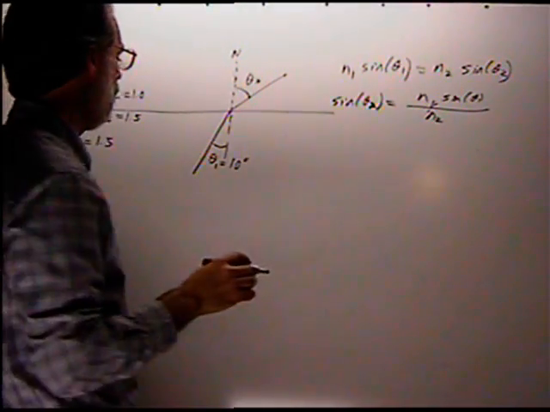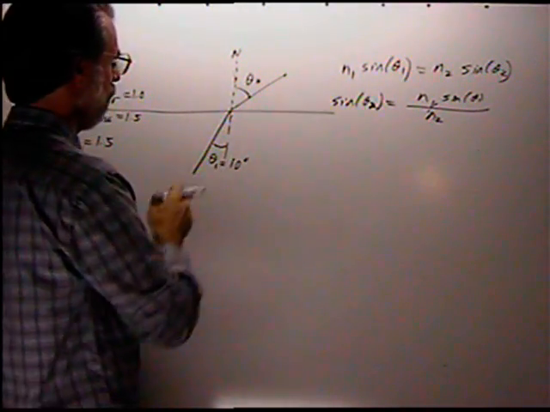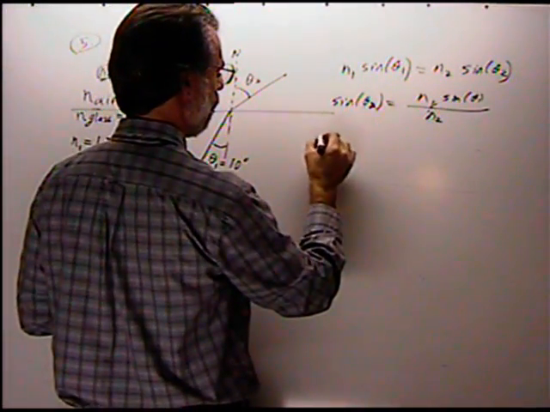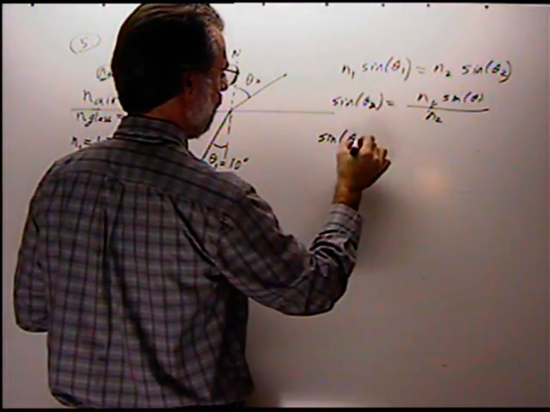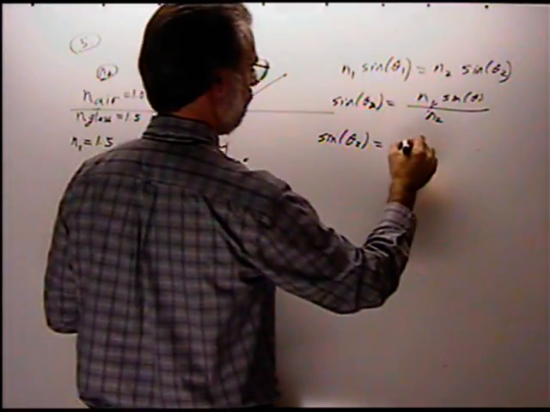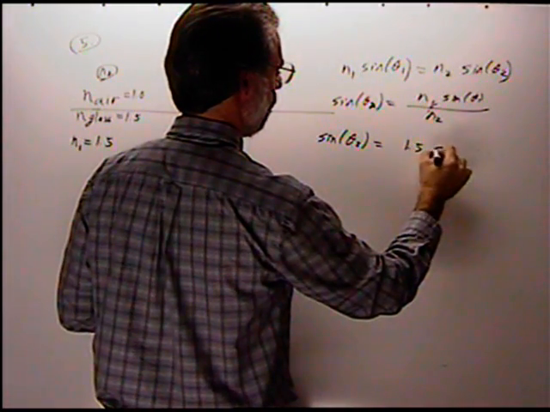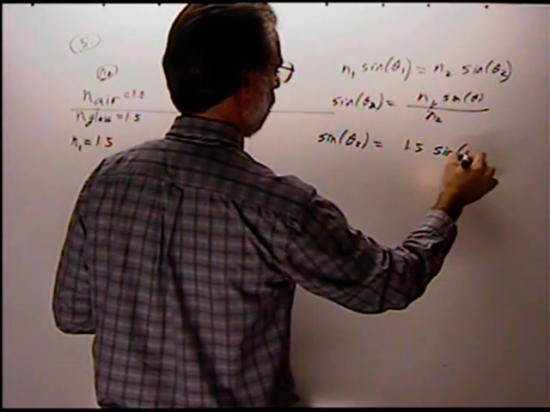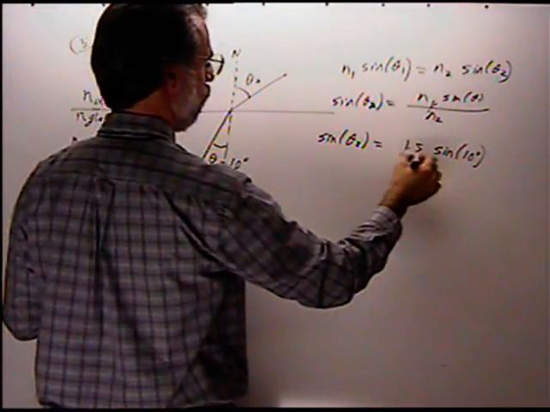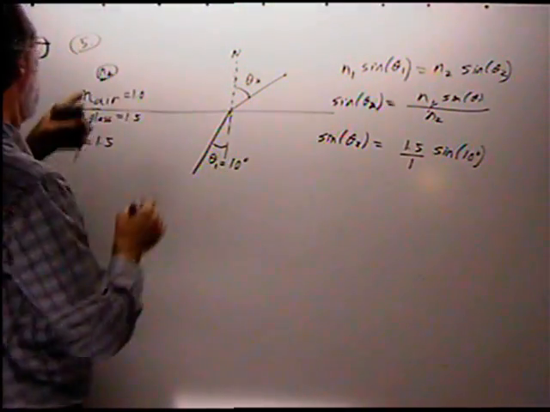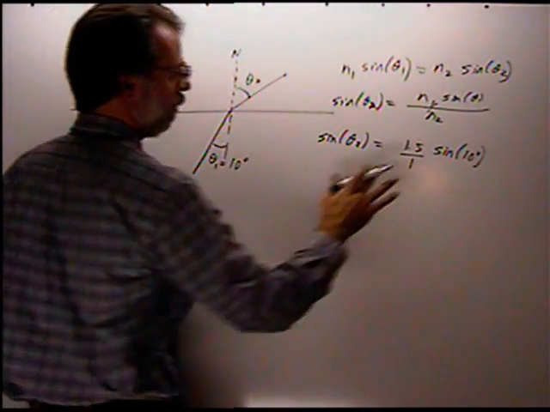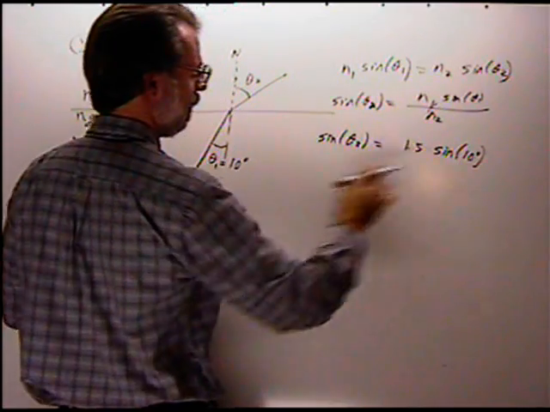So if we put in here, let's use a small angle. Notice what we have: sine of theta 2 equals N1, which is 1.5, times sine of 10 degrees. N2 is equal to 1, so it's simply divided by 1.